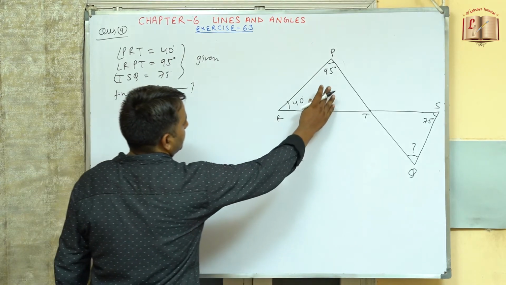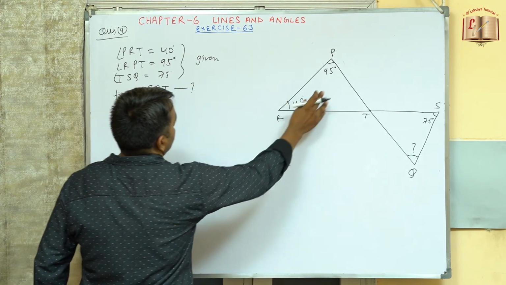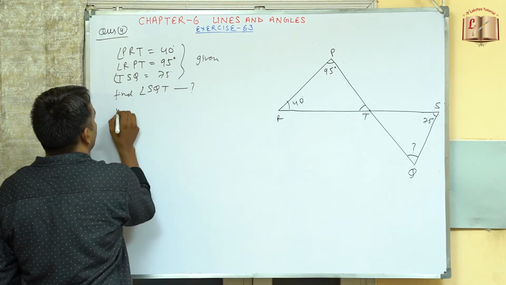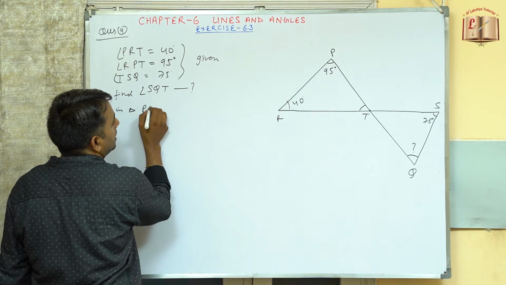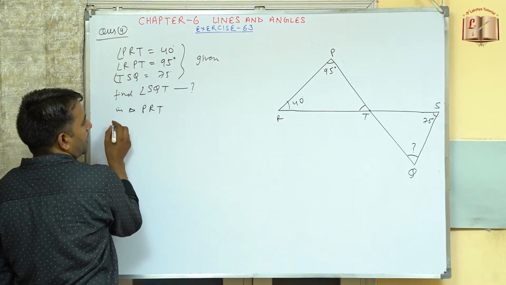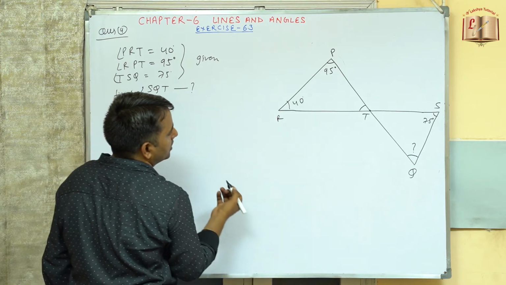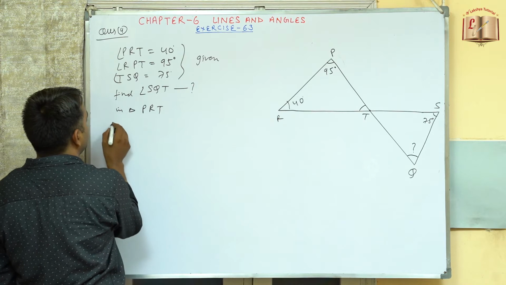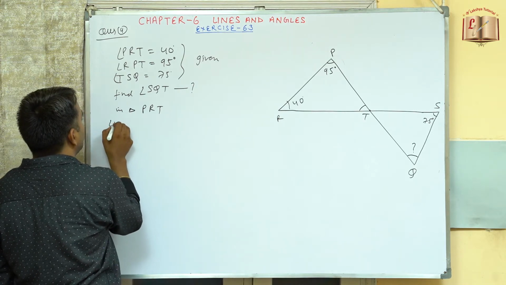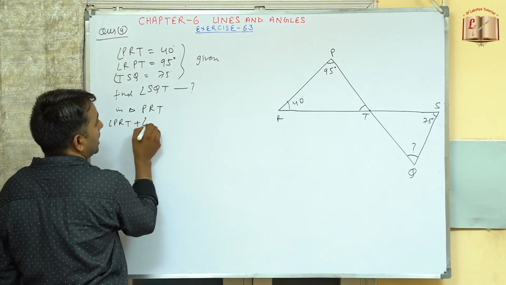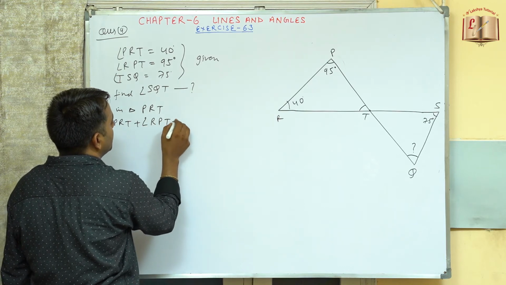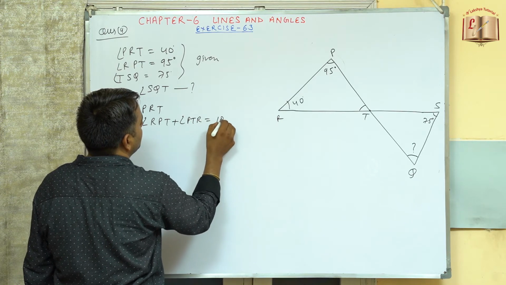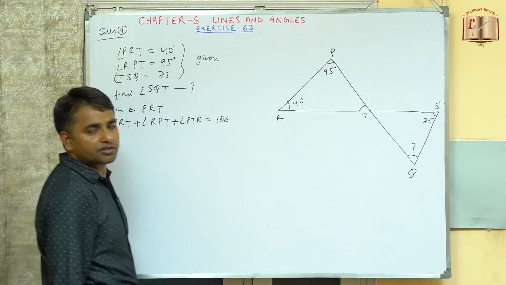Now in this triangle we can find this angle first. In triangle PRT, angle PRT plus angle RPT plus angle PTR is equal to 180 degrees, the sum of angles of a triangle.